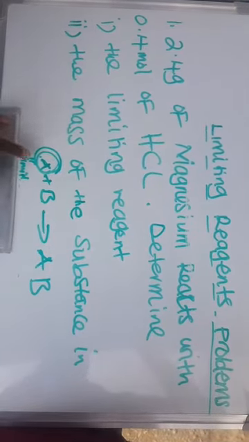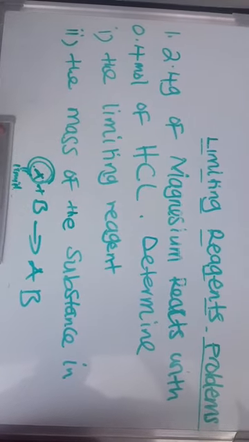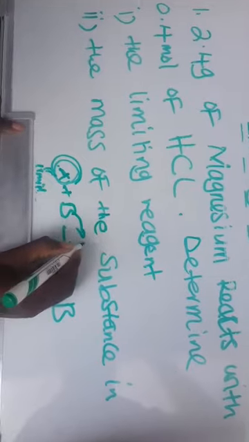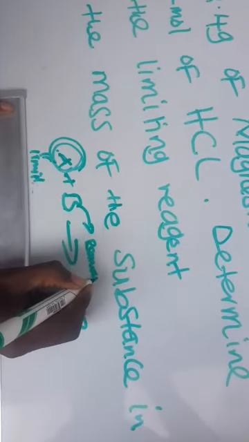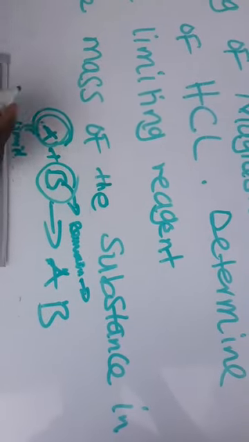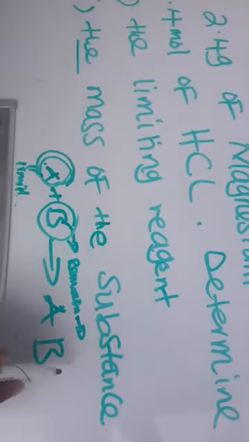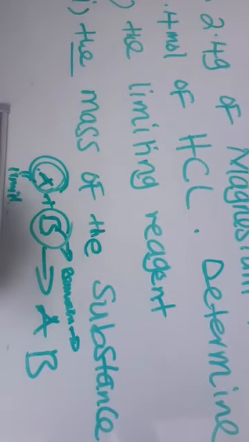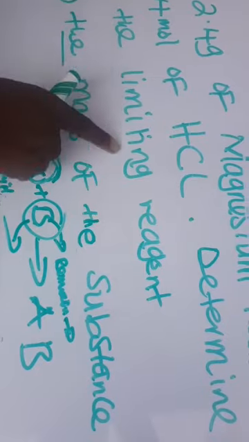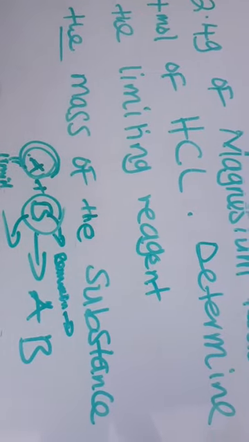It denotes that A will finish off first in the chemical reaction, then B will remain in excess. It's more like we have a sufficient amount of B, more than enough. So a substance in excess is that substance which is more than enough. So we need the limiting reagent and the mass of the substance in excess.